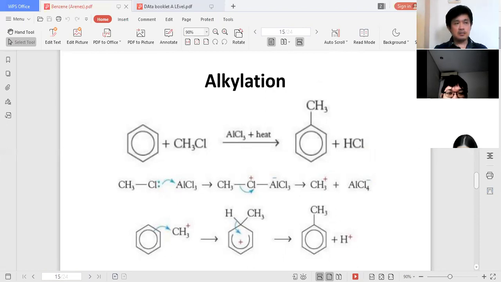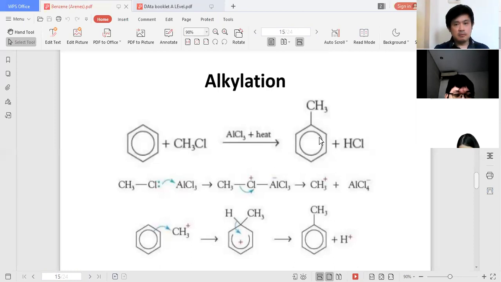What are the catalysts, the conditions, and also the product? Benzene reacts with halogenoalkane. When benzene reacts with halogenoalkane, it will become methylbenzene.